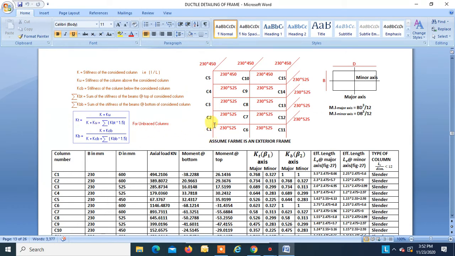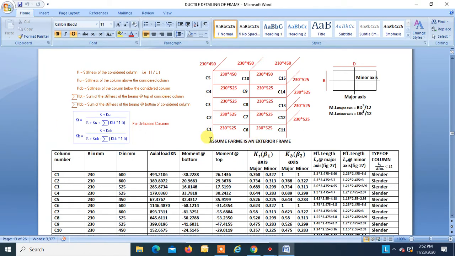K is the stiffness of this column, Kcu is the stiffness of the column above the considered column, and for sigma Kbt there is only one beam. There is no beam on this side, so you take the stiffness of this beam into 1.5. This is how you get Kt about the major axis.